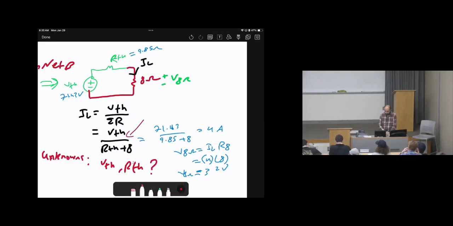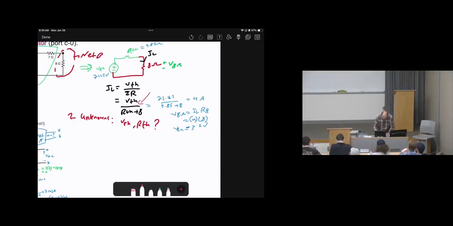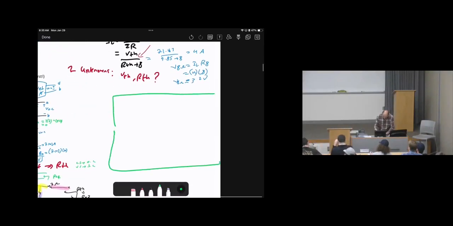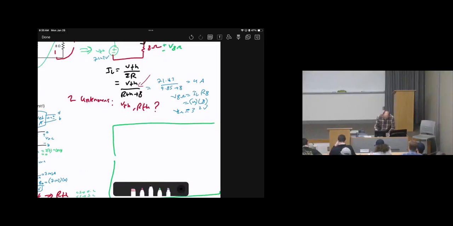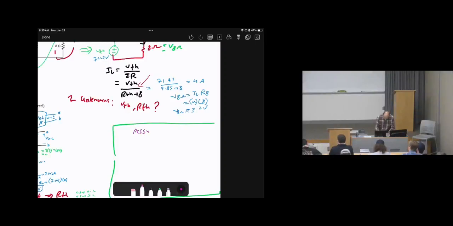I'm going to write it here as a quick note. Assume R8 changed to 5 ohms.